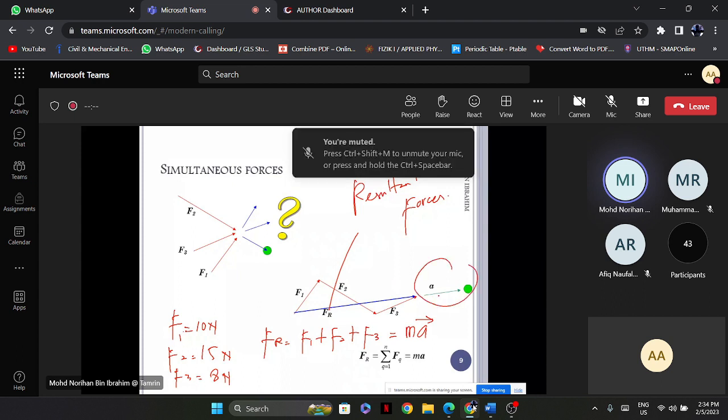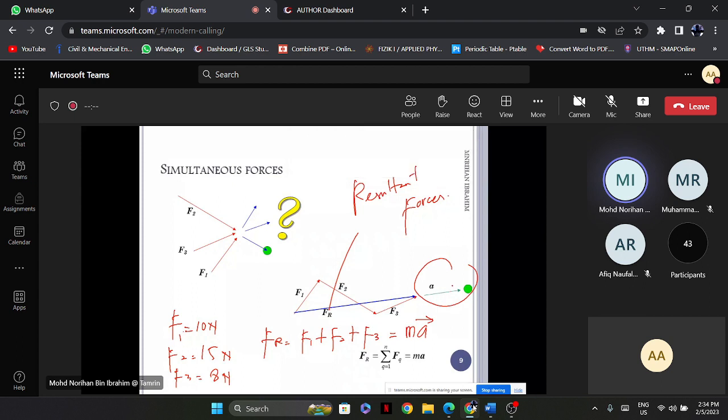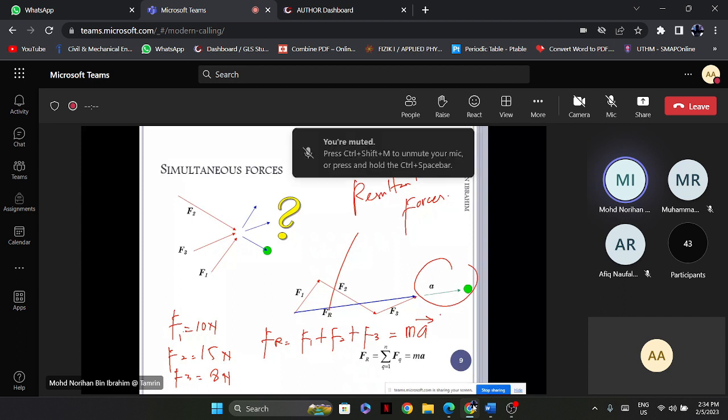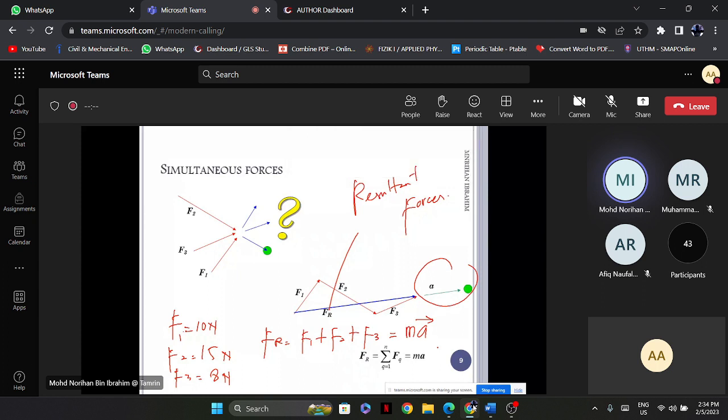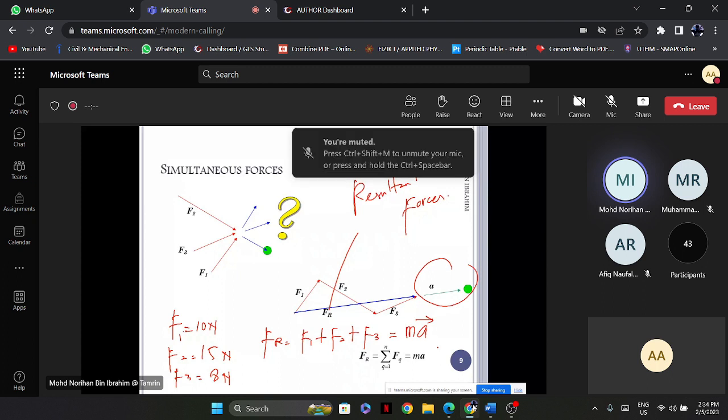So a is the acceleration, and the direction of acceleration, as you can see here, is to the rightward at a specific direction. So that is the simultaneous forces which are applied to a particle.